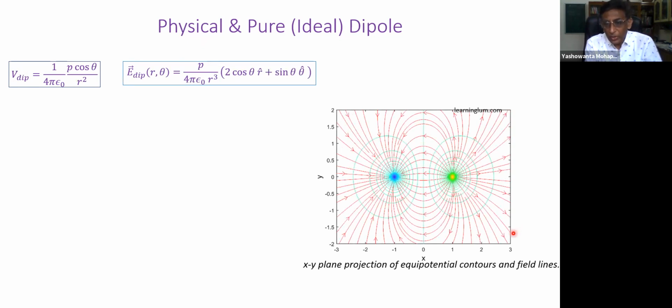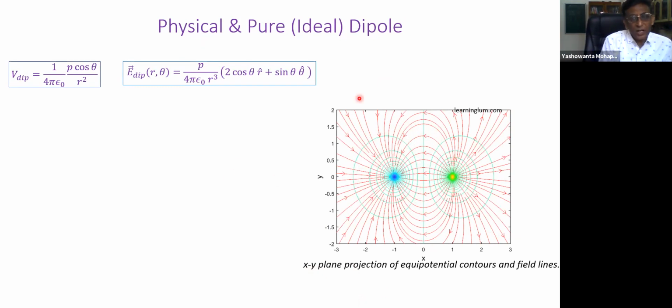I have taken this plot from somewhere. If I plot it, it is of course a 3D plot because the two charges Q and minus Q are sitting in space with their field lines. So this is a projection. You can see the faint blue lines here, which are the equipotential surfaces, and these are the lines of force starting from the positive charge and ending on the negative.